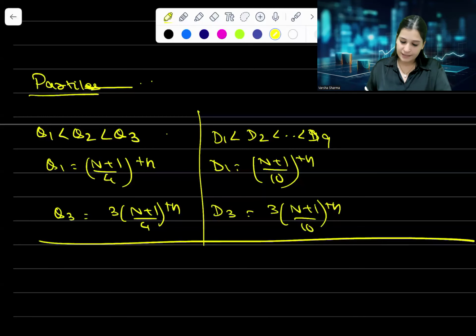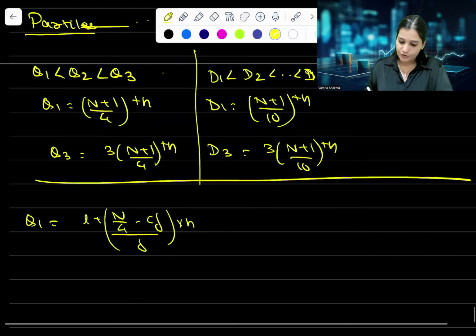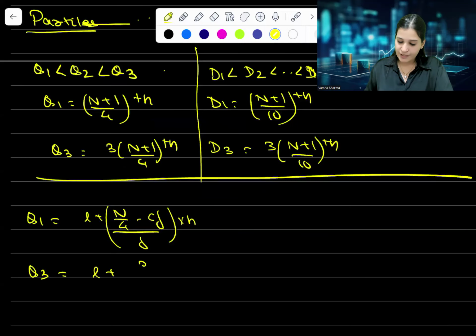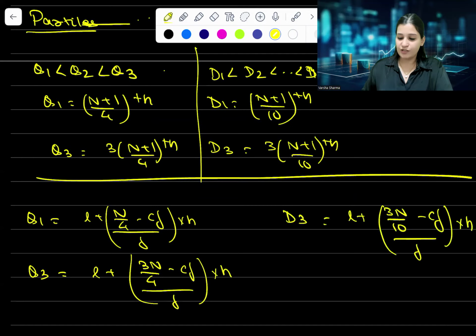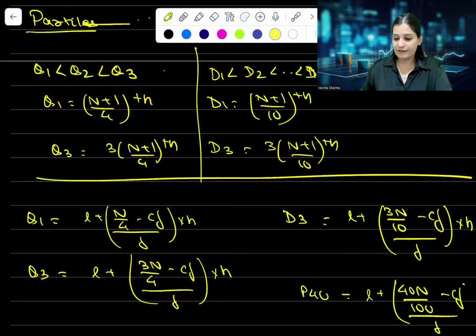And if it is a continuous series, then Q1 is L plus N by 4 minus CF by F into H. Q3 will be L plus 3N by 4 minus CF by F into H. For D3, L plus 3N by 10 minus CF by F into H. Suppose P40, it will be L plus 40N by 100 minus CF by F into H, and so on.